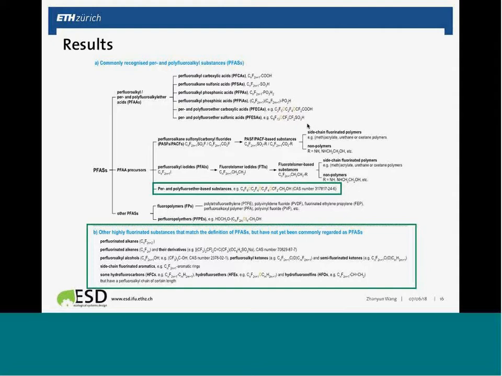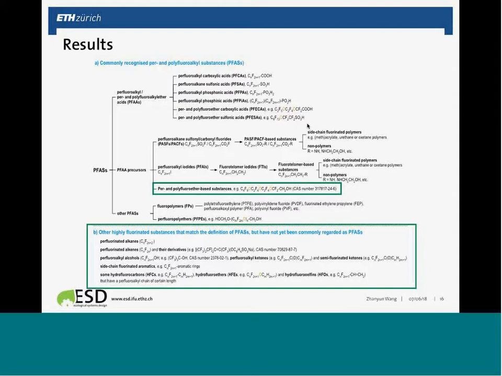One big group is the per- and polyfluoroether-based substances. These are similar to the per- and polyfluoroether carboxylic acids, but without the carboxylic group at the end of the chain, and with some other functional group like an OH group.